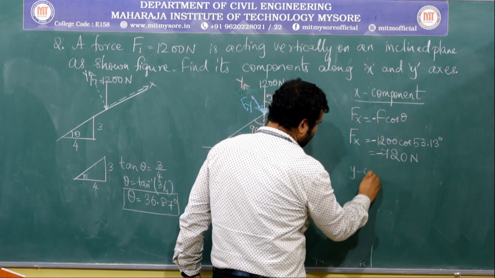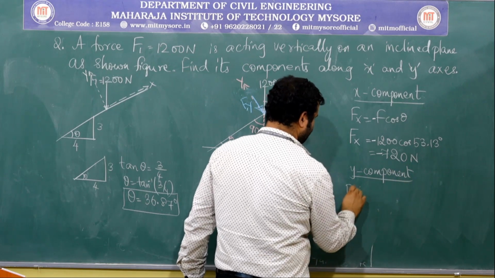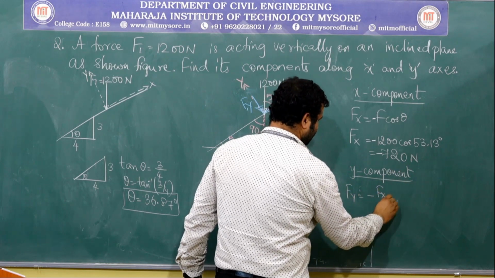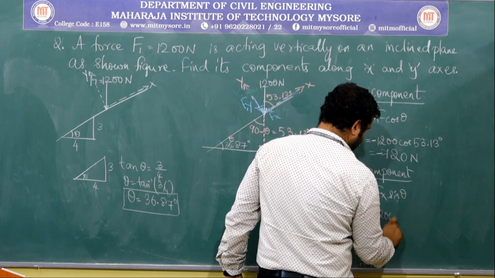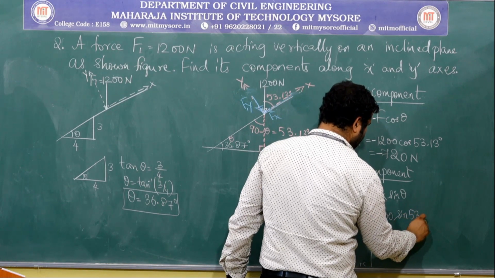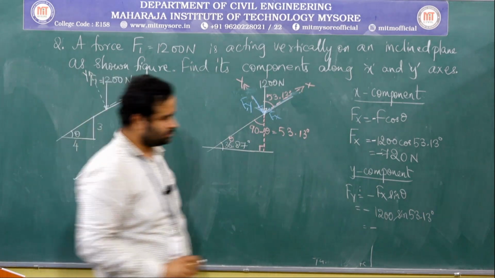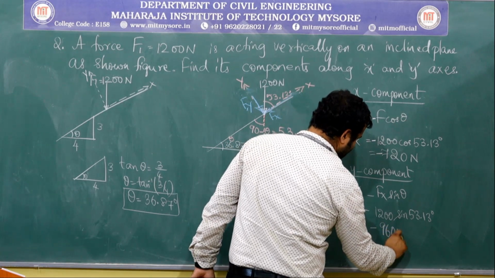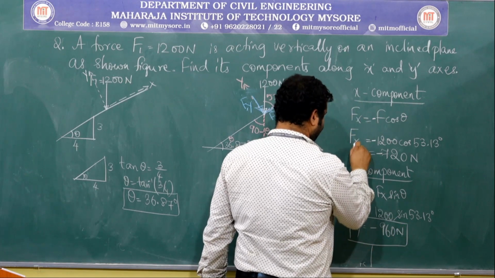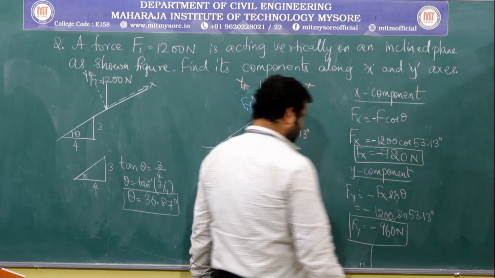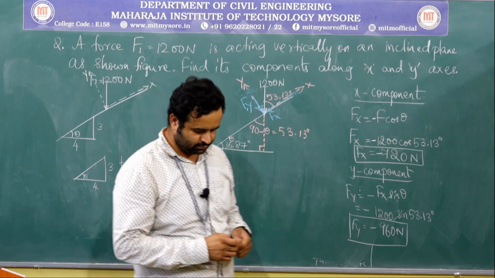Similarly, if we try to find its y component, fy is equal to minus f sin theta, that is equal to minus 1200 into sin 53.13, which is equal to minus 960 Newton. So, fy is equal to minus 960 Newton, fx is equal to minus 720 Newton.